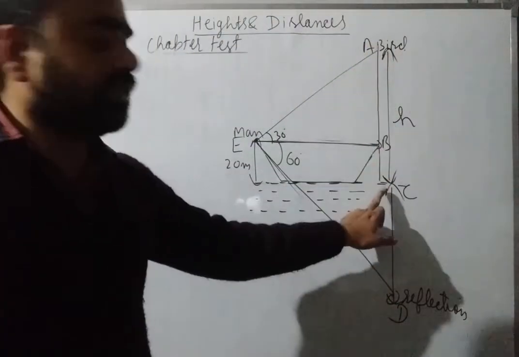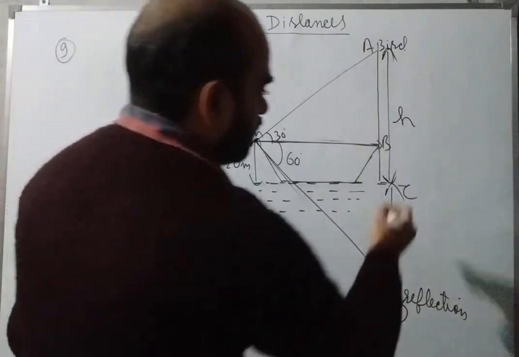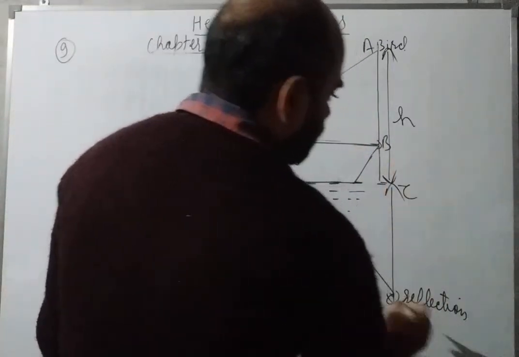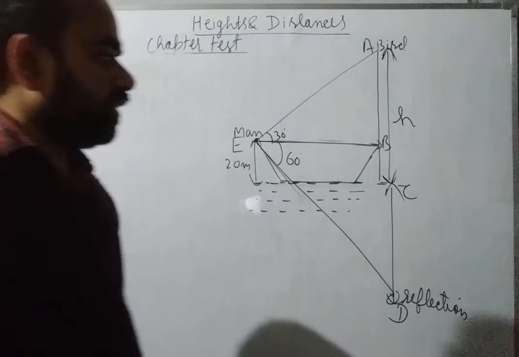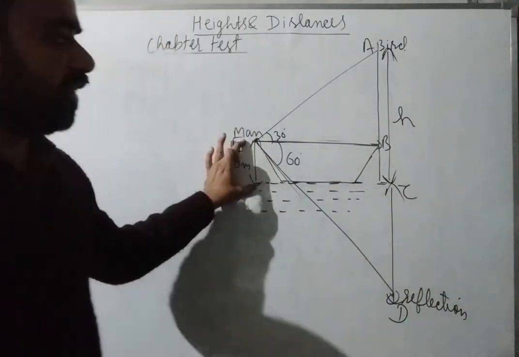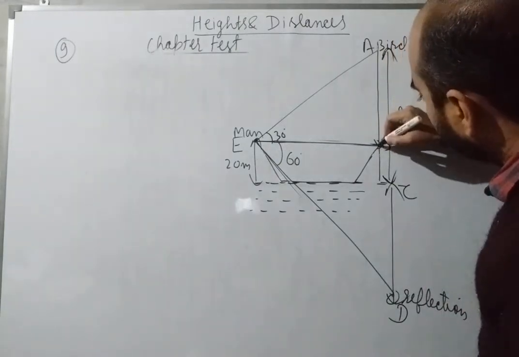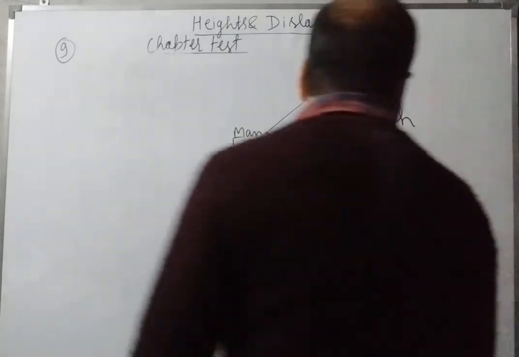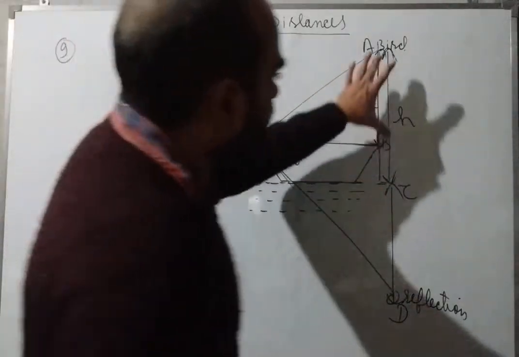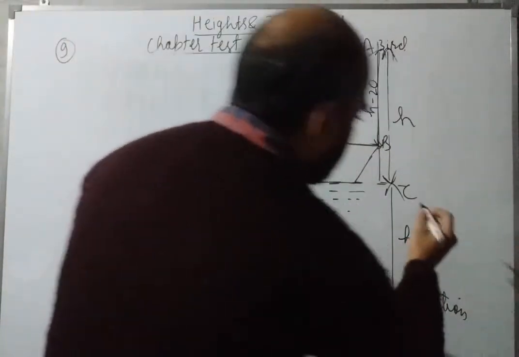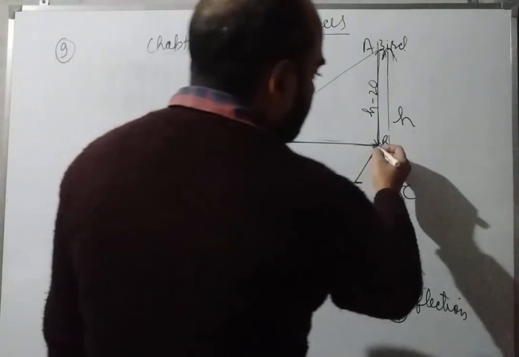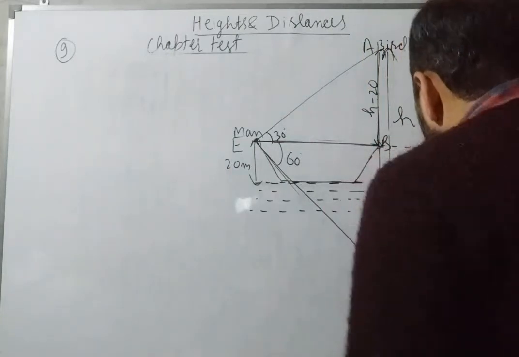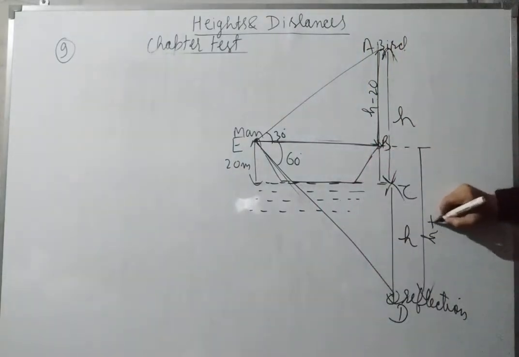If this is h, then the complete reflection will also be h. This is 20 meter, so this will also be 20. So this length will be h minus 20, correct? And reflection means if this total is h, this total will also be h, and here it is up to 20. It means we can find this as h plus 20.